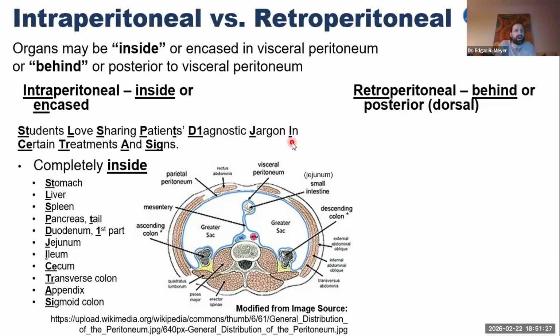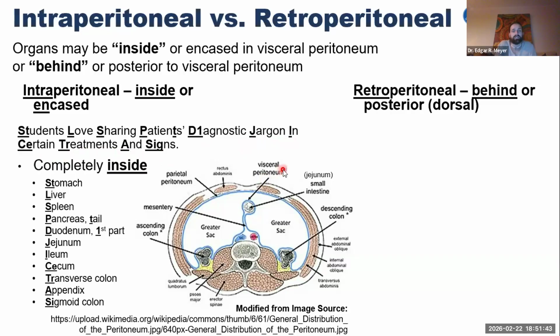J for jejunum, I for ileum, CE for cecum, TR for our transverse colon, and then the appendix and sigmoid colon to finish us off.